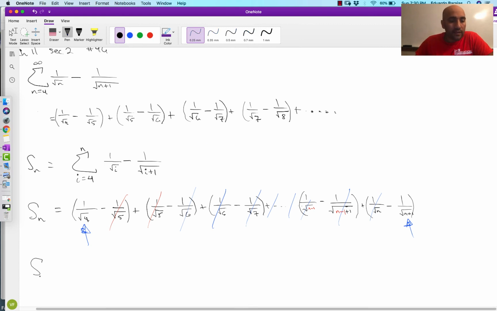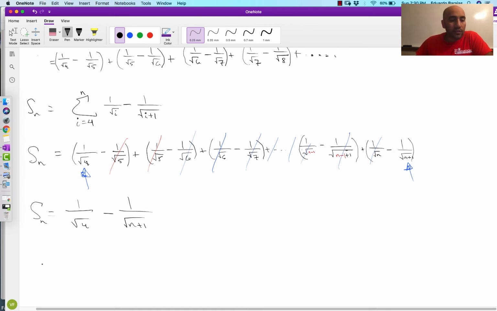And so I can say that S sub n is equal to 1 over root 4 minus 1 over root n plus 1. 1 over root 4 is just equal to 1/2. So S sub n equals 1/2 minus 1 over root n plus 1.